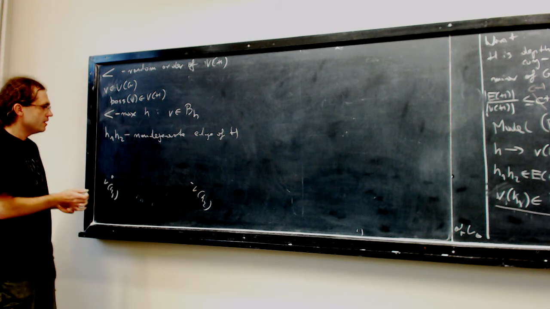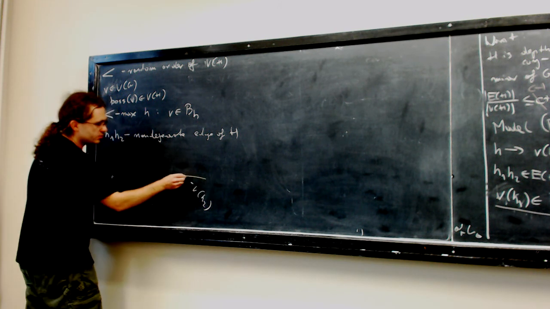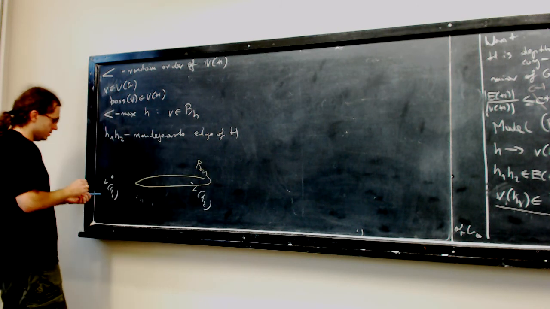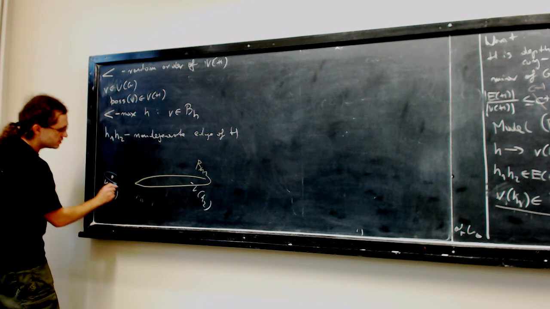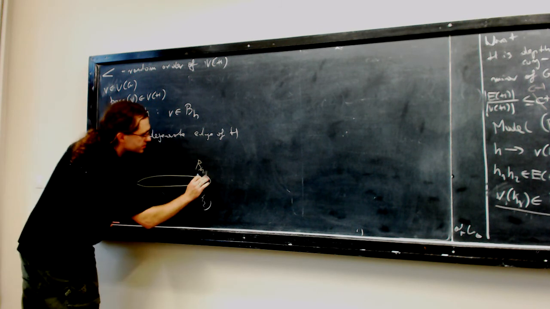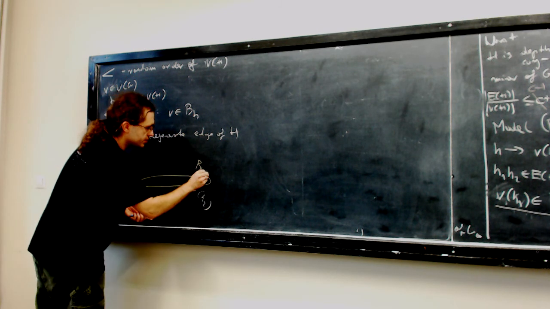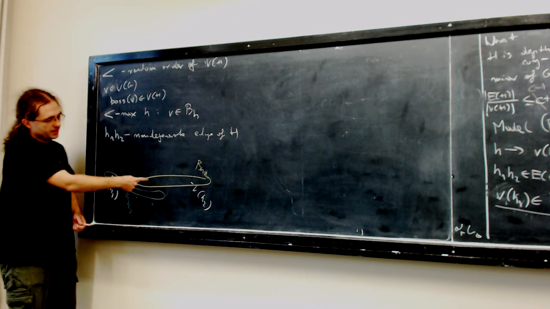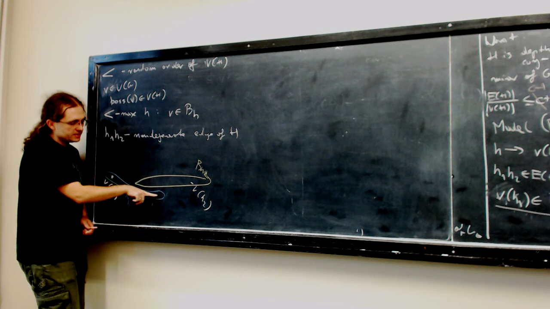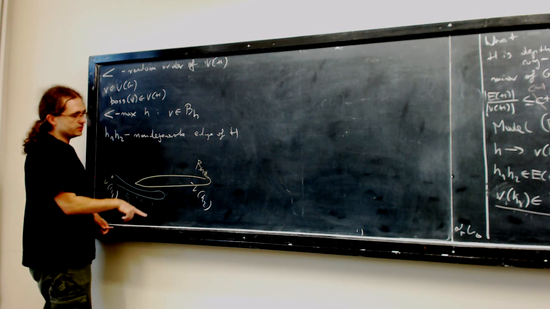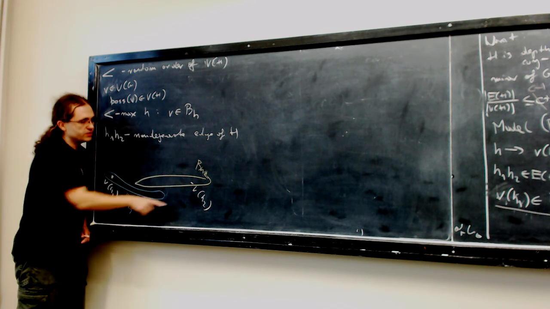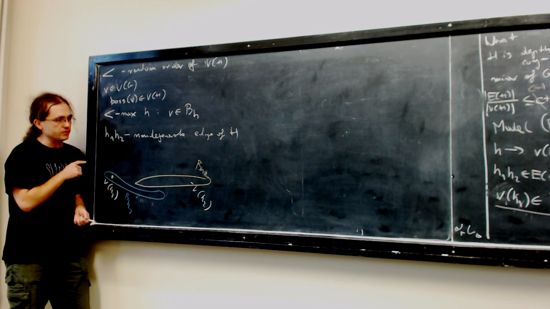This is somewhere the blob B of H1, and this is somewhere the blob B of H2. They can overlap. There may be just a net between them. But because this is non-degenerate, this blob doesn't contain V of H1, and this one doesn't contain V of H2, I mean, this one doesn't contain V of H1.